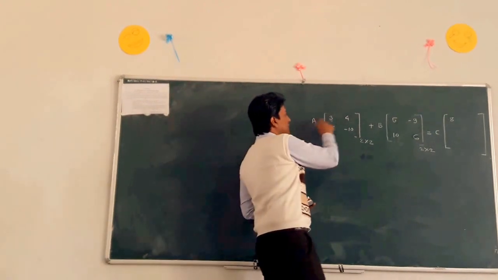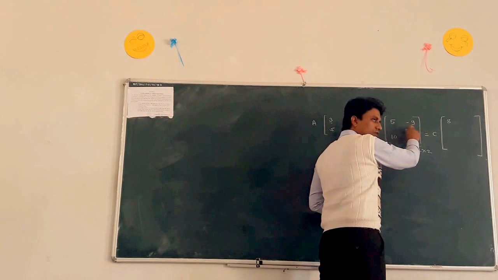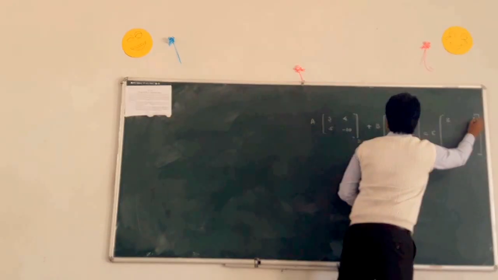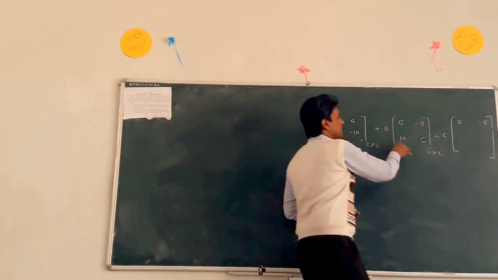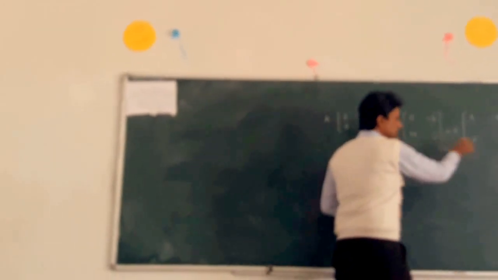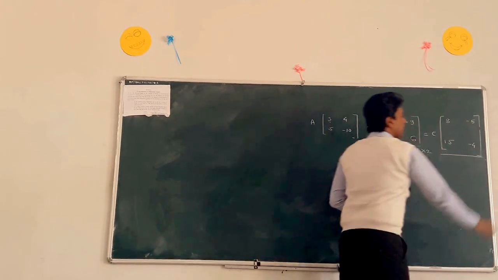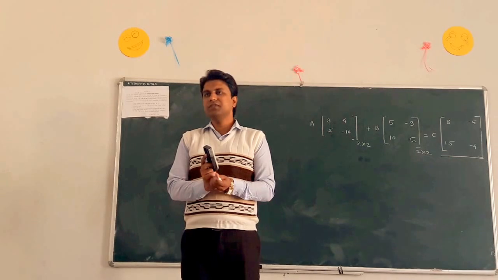Next, A of 01 added with B of 01, that is 4 plus minus 9, that is minus 5. Next, 5 plus 10, that is 15, and minus 10 plus 6, that is minus 4. And display that matrix. Okay, so that is your problem statement.